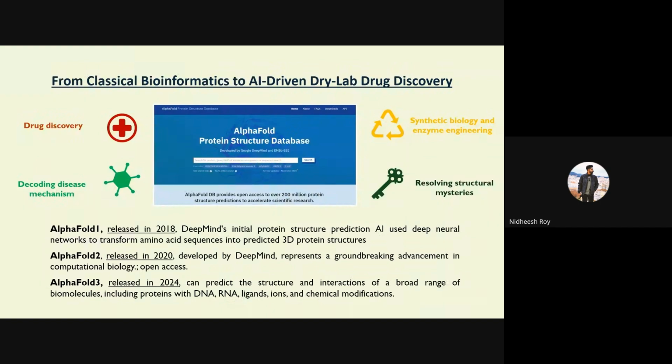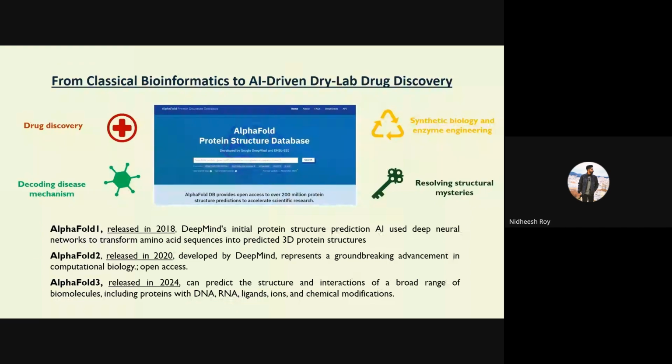Most of you might know that in 2024, the Nobel Prize for Chemistry was given to this software, this web server, AlphaFold, where the AlphaFold 1 version was released in 2018, followed by 2 in 2020 and 3 in 2024. If you have been using homology models, you can go to Swiss-Model and see that the database is hyperlinked to the AlphaFold server.